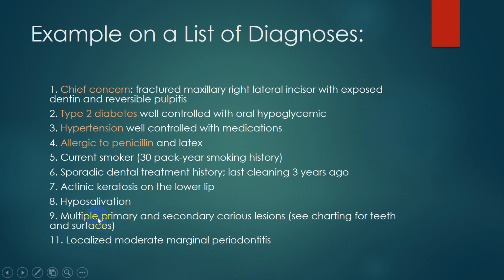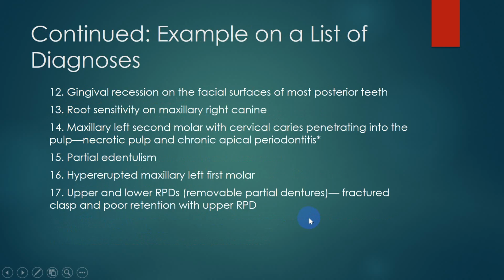For caries, if you have multiple carious lesions, don't list them. Write multiple primary and secondary carious lesions. See charting, for example. Okay. Other findings related to the gingiva, recession. Now, other specific findings related to the teeth, and maybe tooth structure loss.